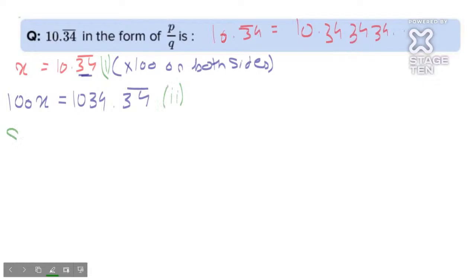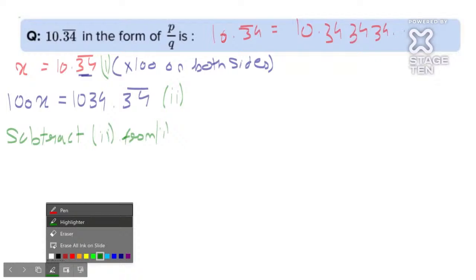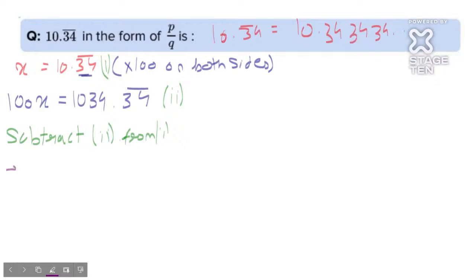Now we will do subtraction, subtracting 1 from 2.